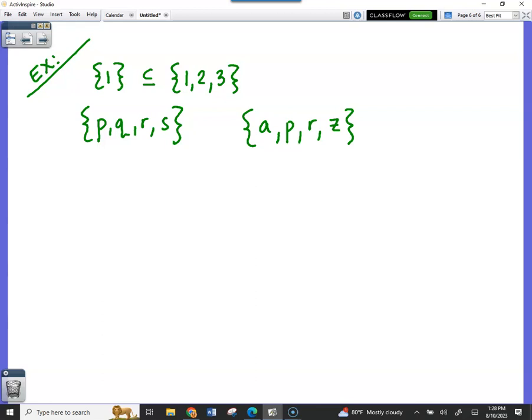Is the one on the left a subset of the one on the right? No. So the way you would show that is you would draw the symbol for subset.